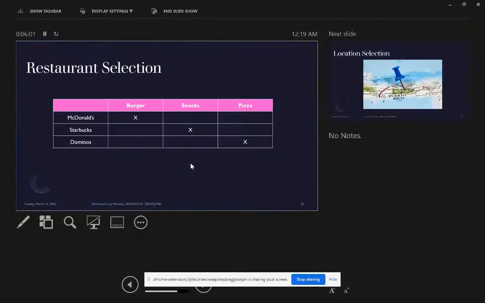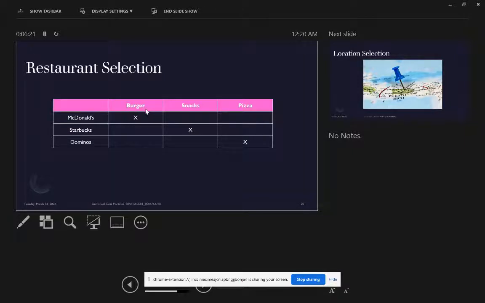The decision process takes us to pick McDonald's, Starbucks, and Domino's. They're the most stable stocks on the charts. They're also pretty interesting because each of them represents a different category.